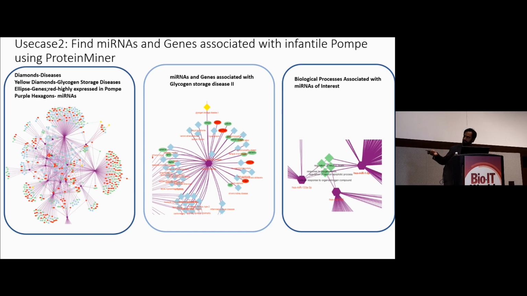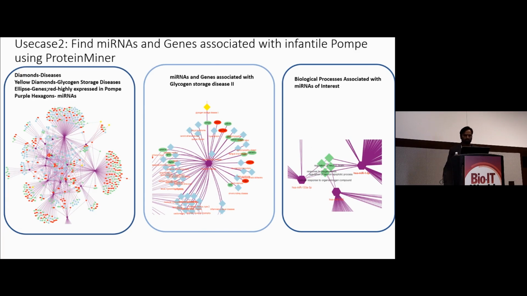I'm showing you a snippet of all the biological processes that are associated with these microRNAs. So you can go a roundabout way in order to ask this question. The reason we did this is because there are currently no databases that provide you mappability between microRNAs and biological processes. That doesn't exist at any place. So we had to improvise a little bit in order to get to that answer.